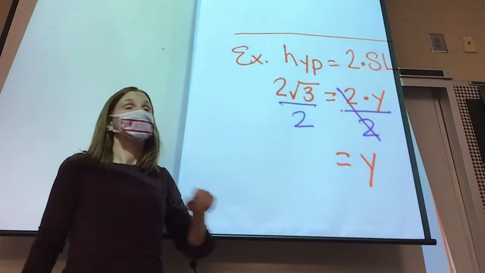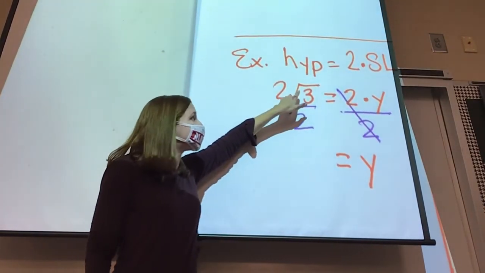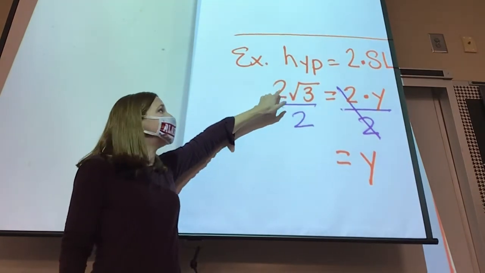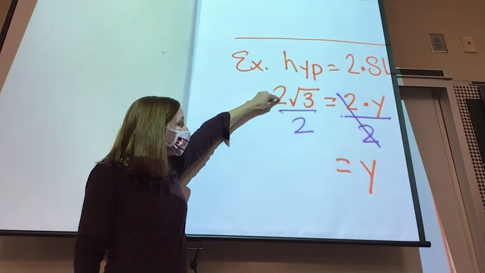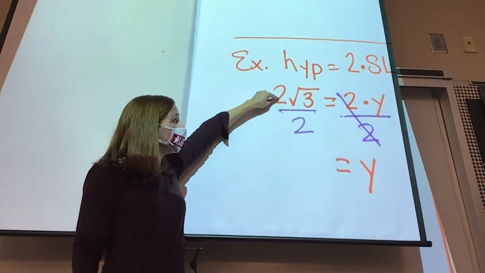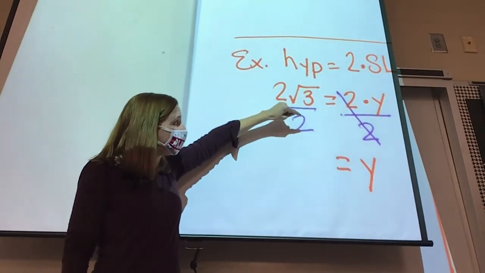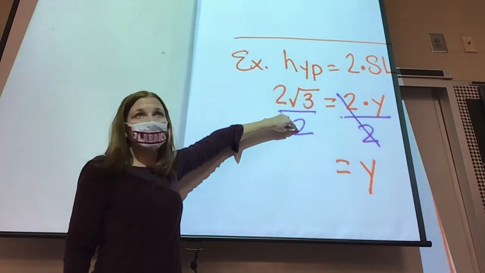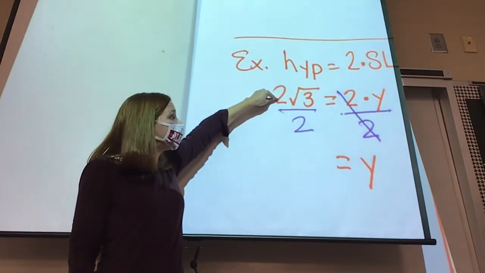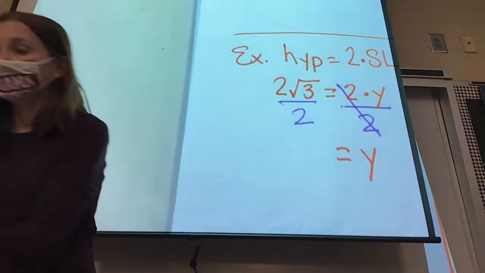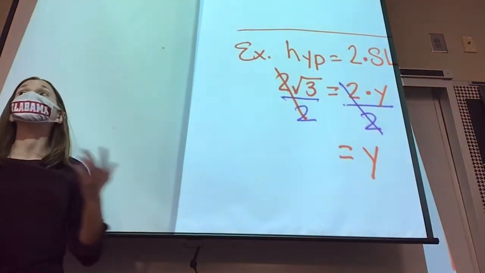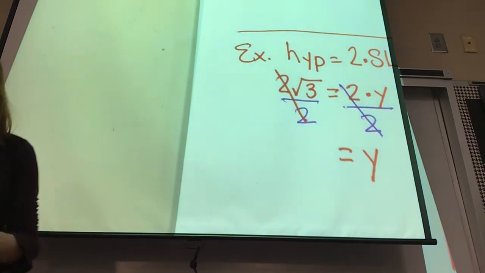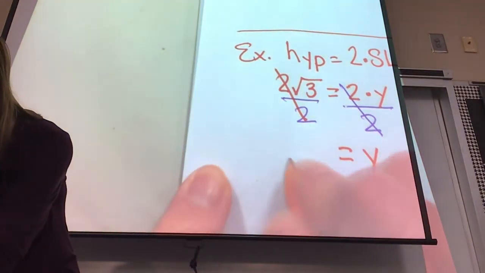Just because this is beside this doesn't mean that this is not a whole number. It's on the outside. Whole number divided by whole number, just as usual. So 2 divided by 2, they cancel each other out. So what is the only thing I'm left with? Square root of 3.